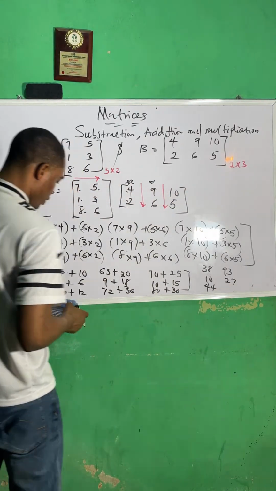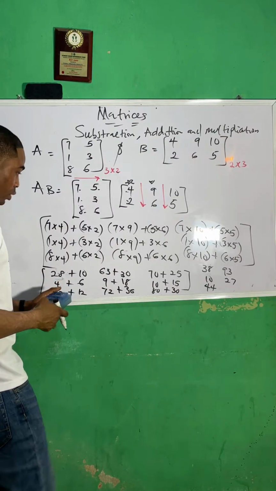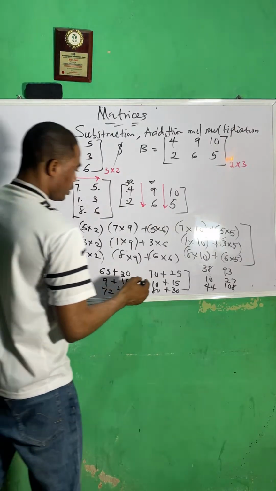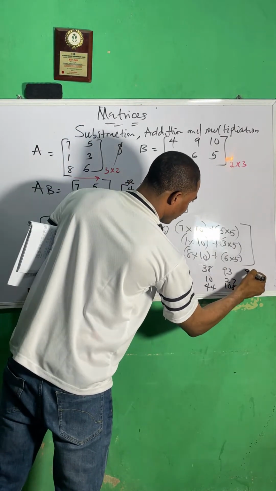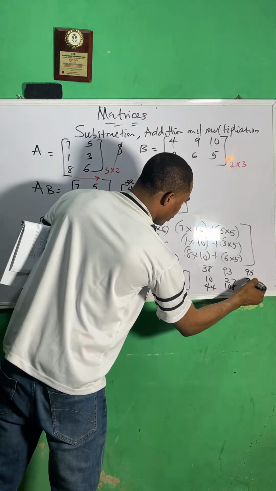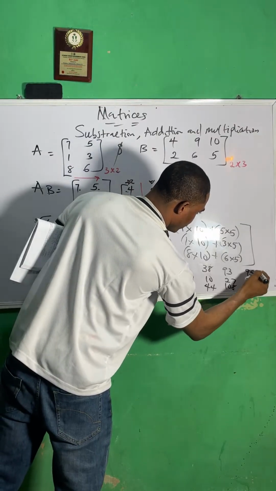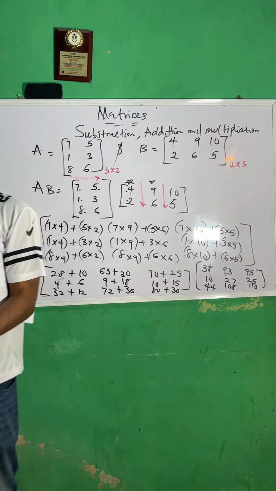So this one is 76 plus 32, 108. Then I'll be having 1110. So this is multiplication of matrices.